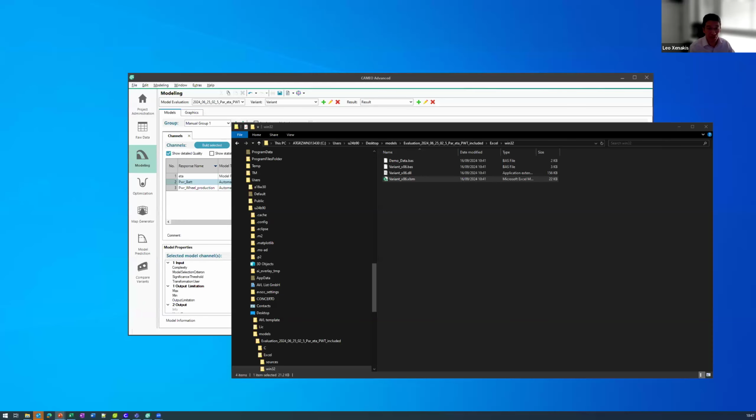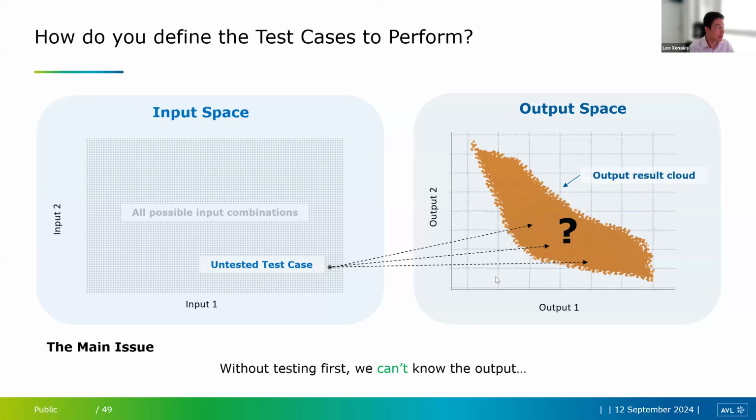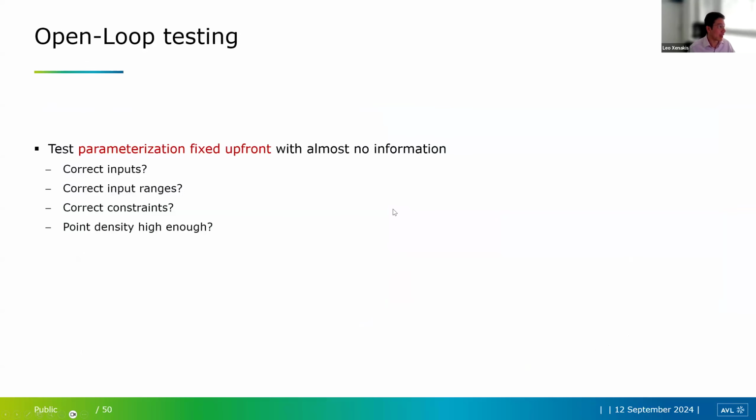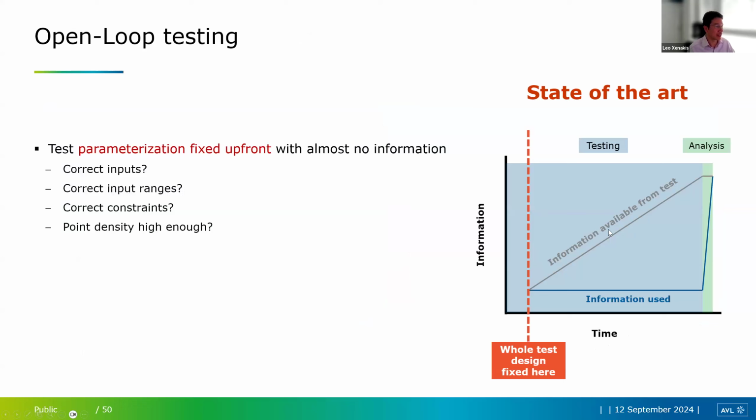So I don't think we can go into too much detail, so I'm going to skip a few slides here. Essentially, you're probably thinking, how does this actually work in reality? Because usually, unless you test something, you can't really know what the behavior is going to be. Generally with a lot of this type of testing, you fix your test parameterization already at the beginning.